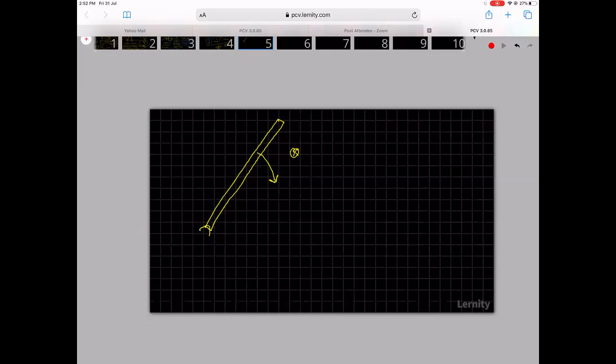So if I'm moving the rod this way, now the rod is here. After some time, the rod comes here. Then this is going to be the flux.